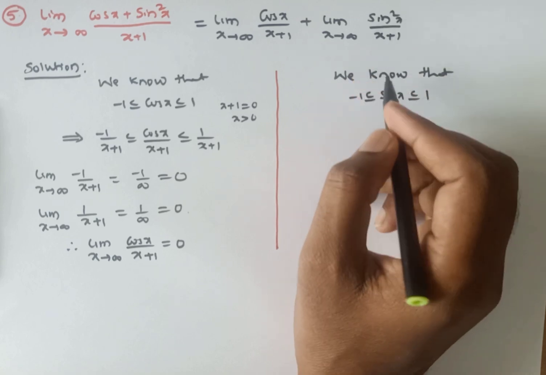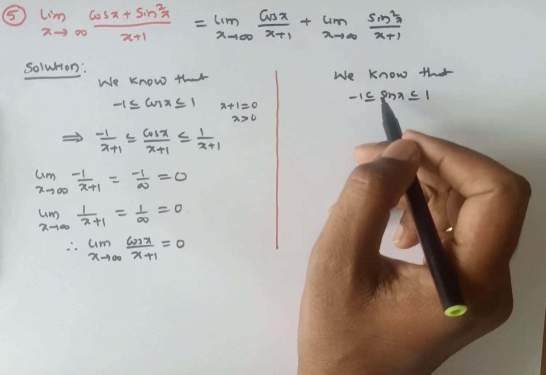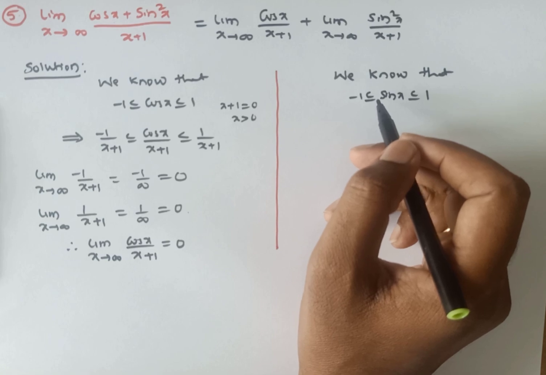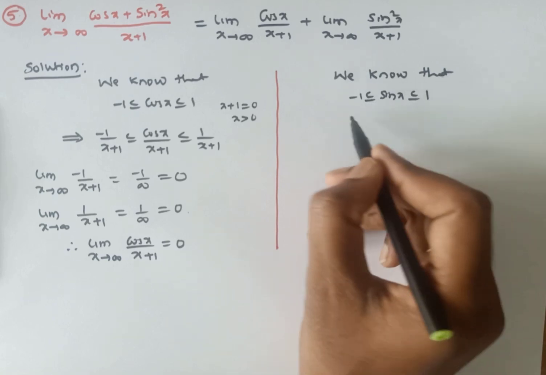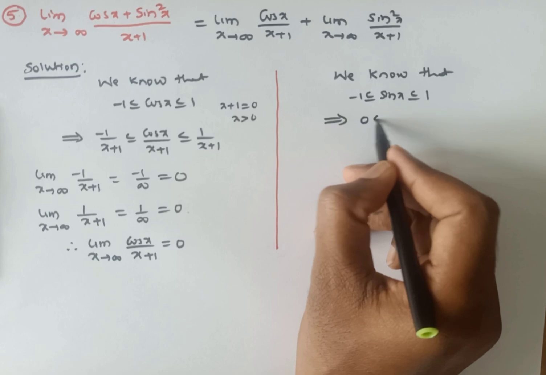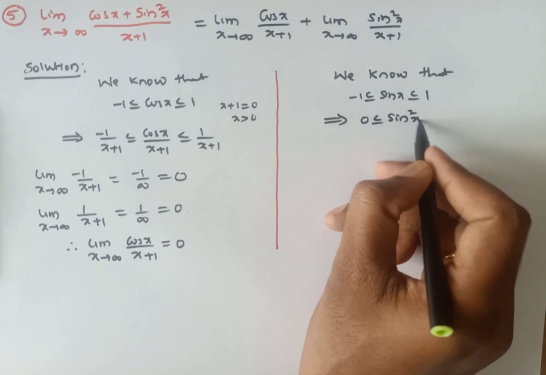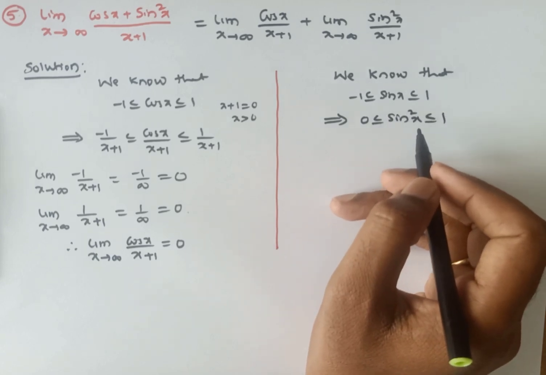But we need the square, right? When we square, as we did earlier, cos x values from minus 1 to 1 give cos square x values from 0 to 1. In the similar manner, 0 is less than or equal to sin square x, which is less than or equal to 1. Clear?